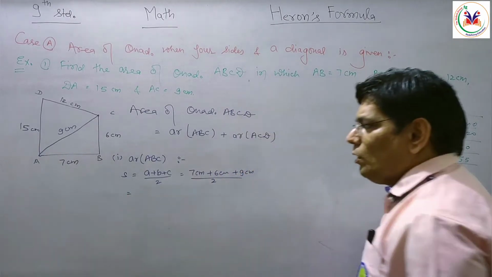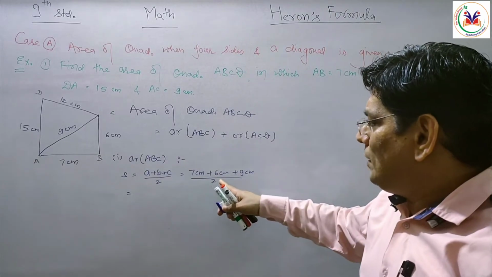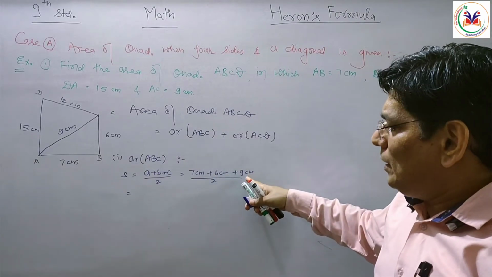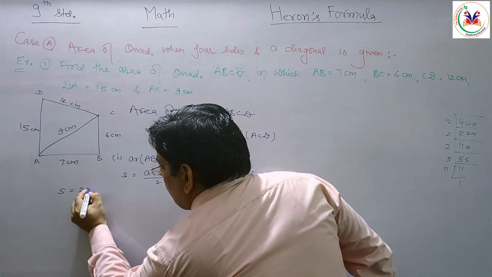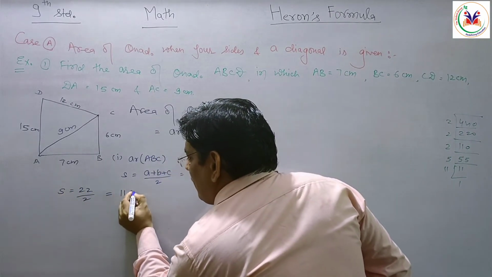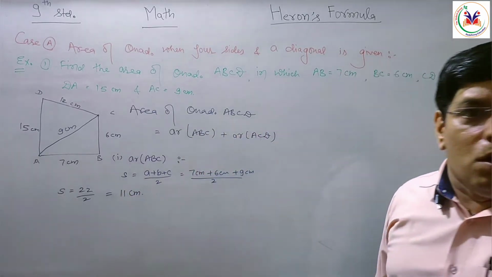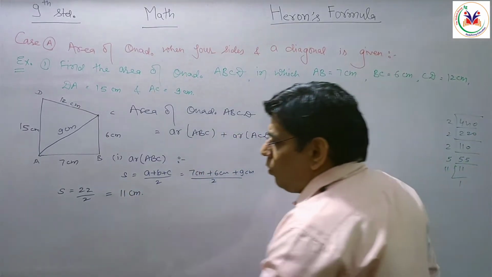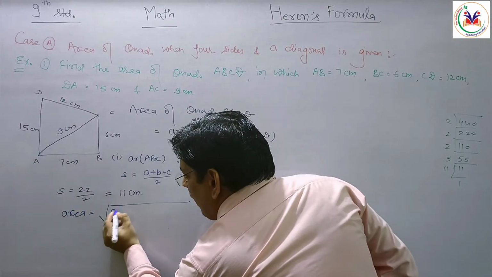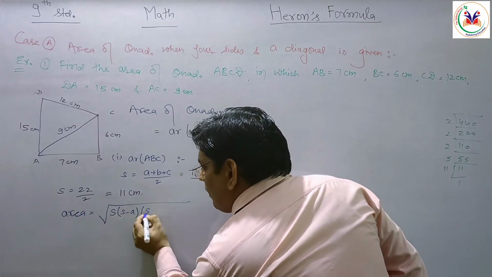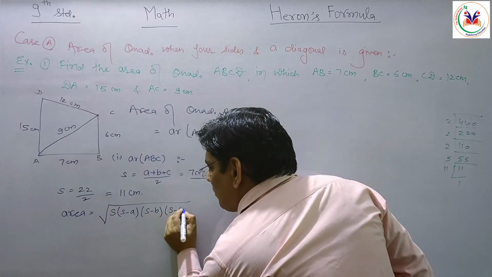What should we get? 7 plus 6 is 13, plus 9 is 22. So s equals 22 divided by 2, that means 11 centimeter. Now, after getting s, we go for the area, using the formula square root of s into s minus a, s minus b and s minus c.